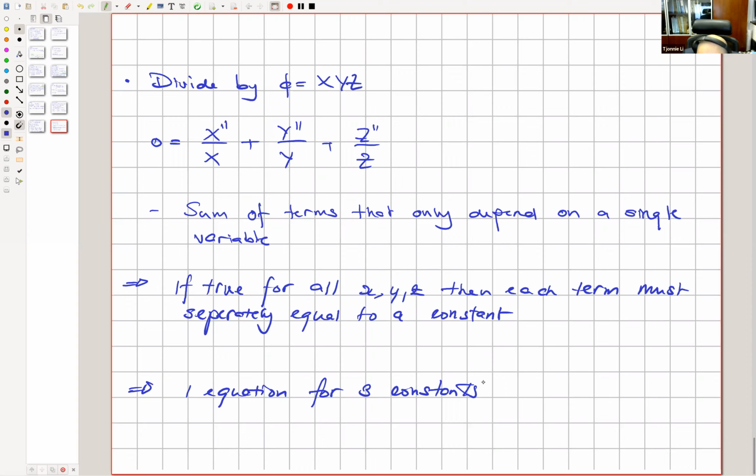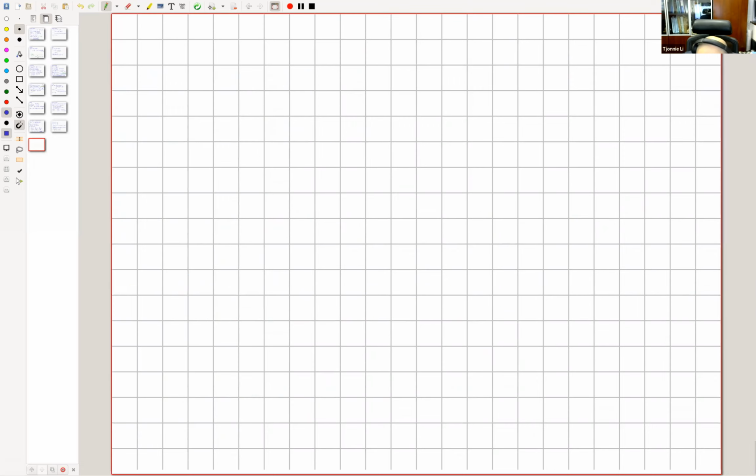Okay, now in this form here, what we can do is actually make this equation explicit. So in this case, what do we have?